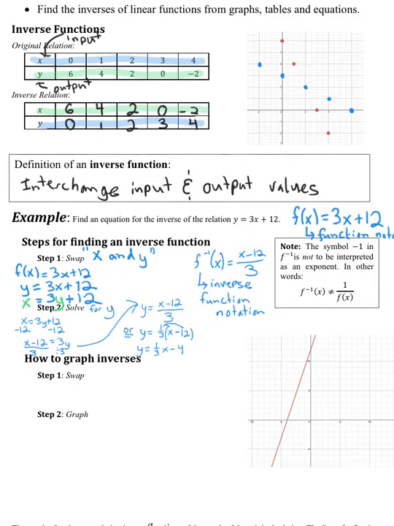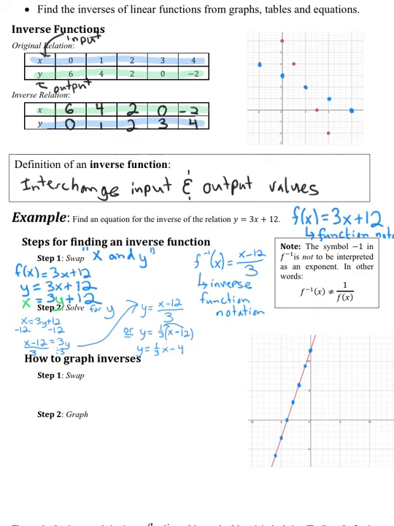So when we're graphing, I'm going to look at my graph on the left-hand side here, and I'm going to find some points. Like I see a -6 there, -5, -4, -3, -2, -1, 0. So those look like some good points I can use.